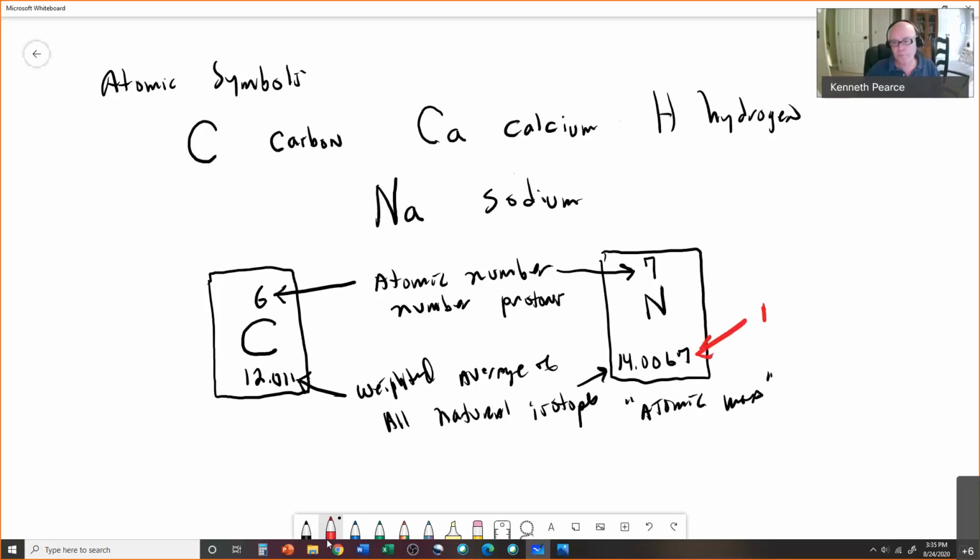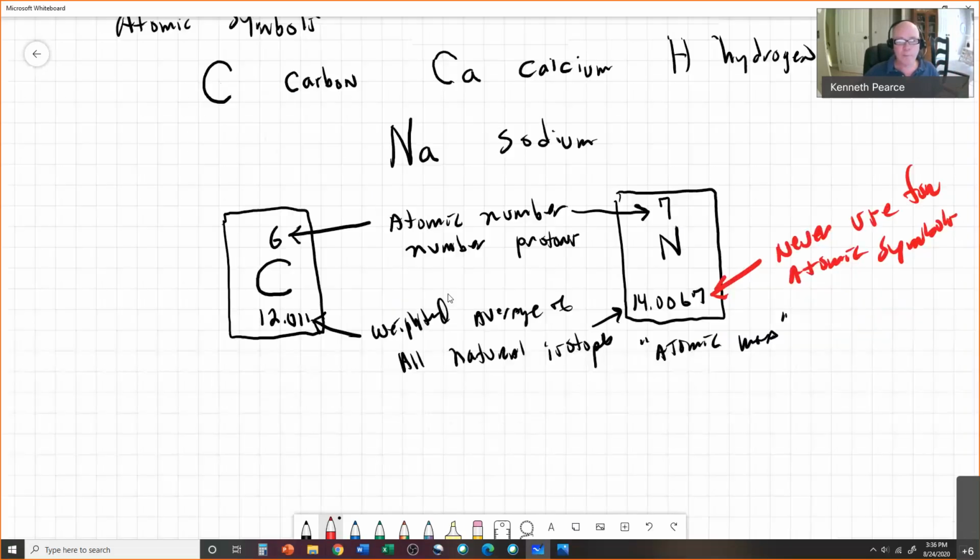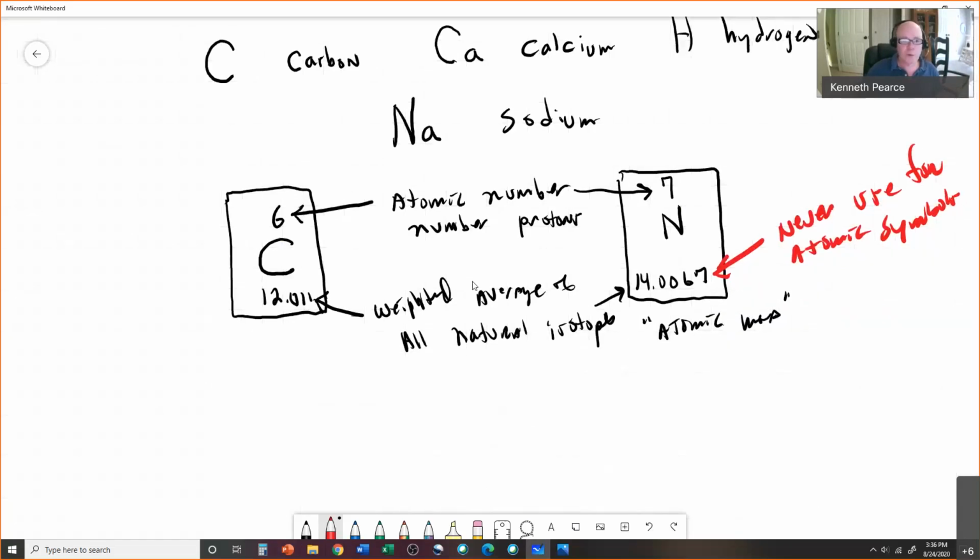Never use it for atomic symbols. Now we're going to use that bottom number for a lot of calculations, particularly in future chapters where we'll have something called the molar mass, and that's what we're going to use that for. But for atomic symbols, we would not use that bottom number. So we would not be using these bottom numbers, but we do use the atomic number.